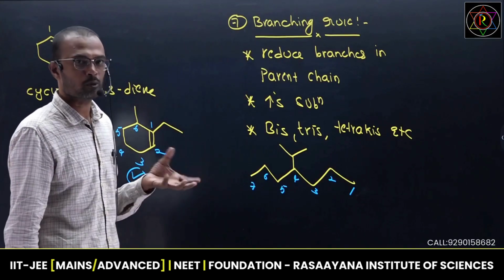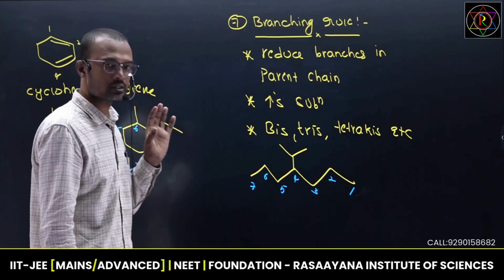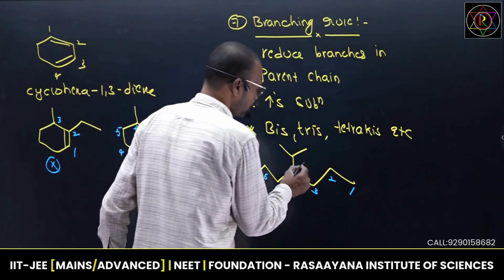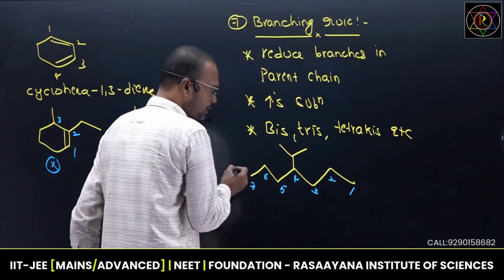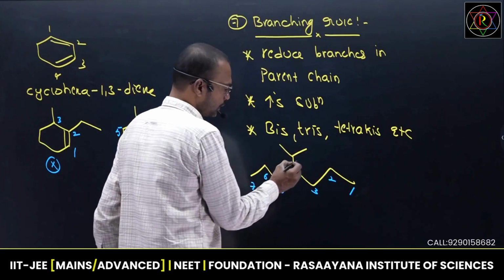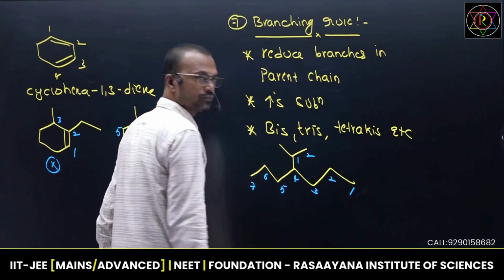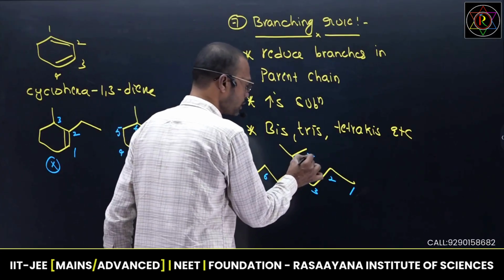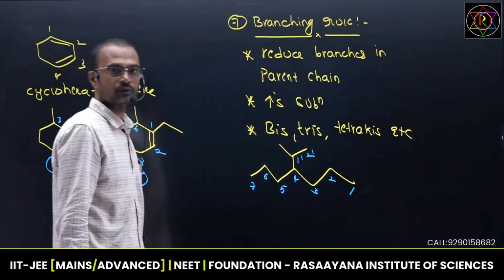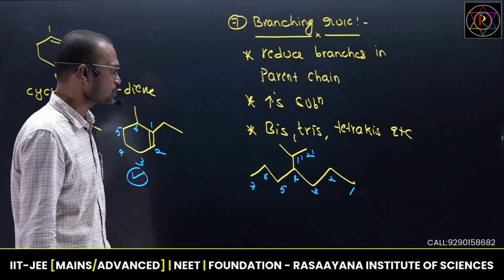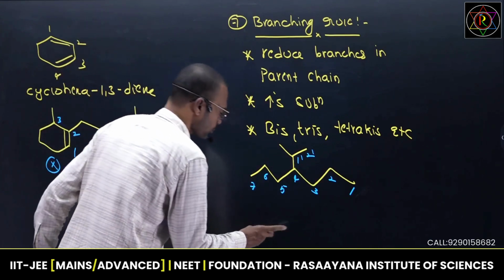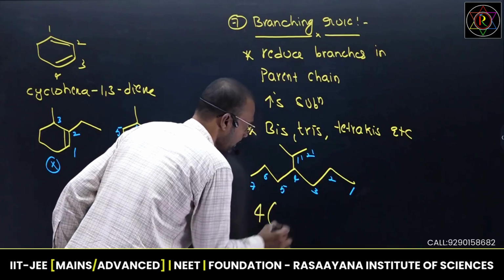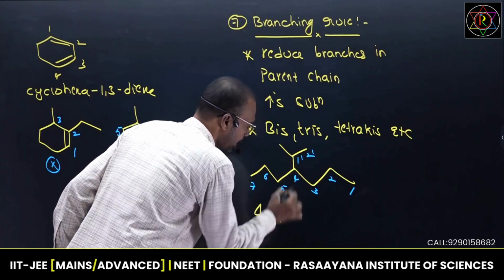You can also use isopropyl, that is also considered, but generally it is considered a branch. After selecting the parent chain, for the branch I can write like this: 1, 2. For a branch, we give numbering in the form 1 dash, 2 dash. Now select the position of the branch. Where is it present? At 4. So I can say 4, then 1 dash. 1 dash carries methyl.